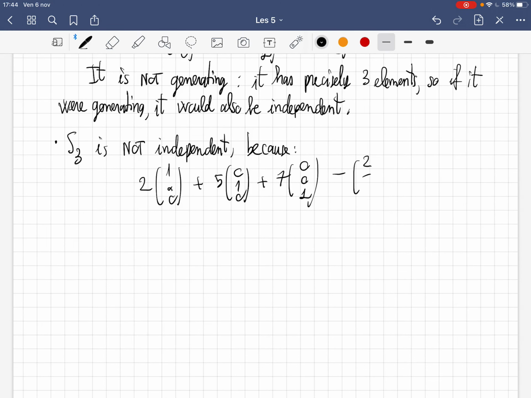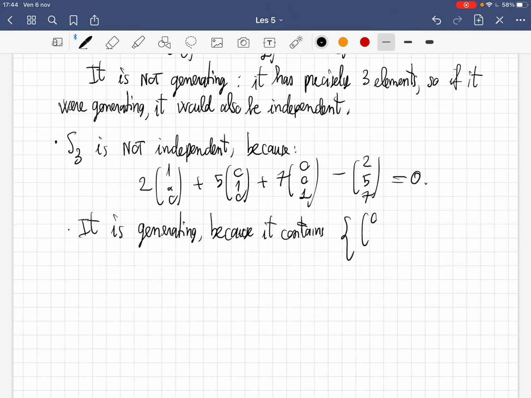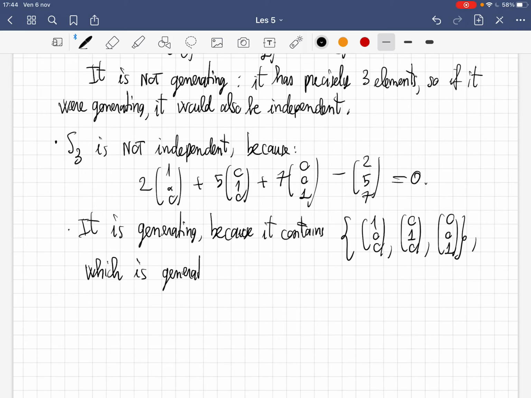But it is generating, because it contains the canonical basis.